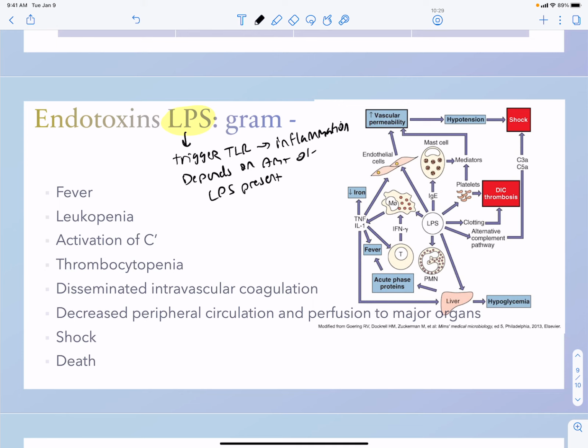That is why if you have a severe E. coli infection of your urinary tract infection, that's very serious because E. coli makes LPS, and it will release LPS, which will cause inflammation. And so LPS can lead to activation of our immune system, such as complement.